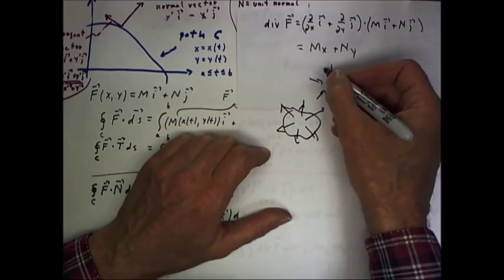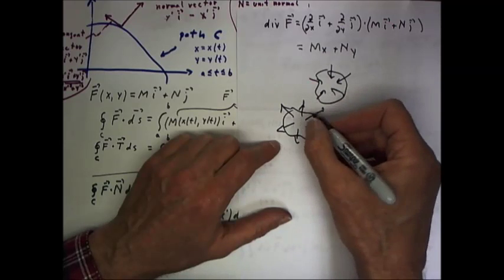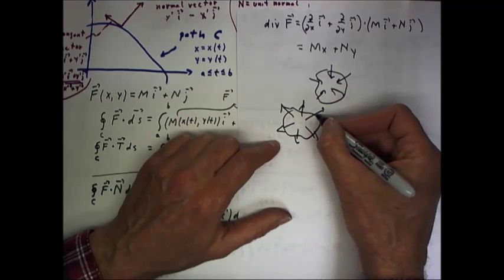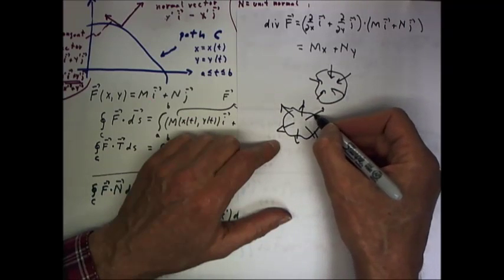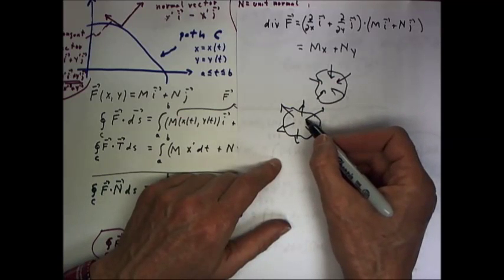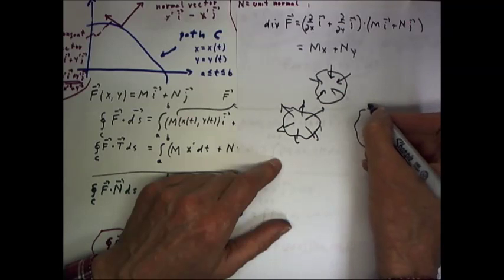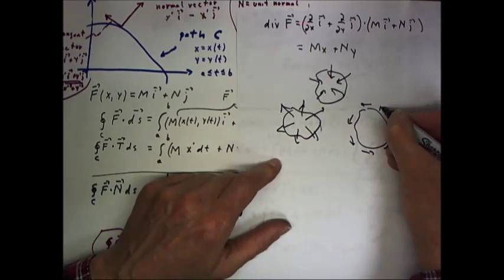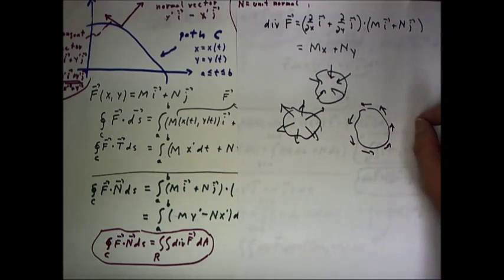If we integrate either of these around a closed curve, we see that all these vectors tend to have a normal component, a component perpendicular to the curve and outward, so that when we do the integral, we're going to get a positive result, or in this case, a negative result, but we're not going to have the situation where our vector field pretty much follows the curve with no normal component.